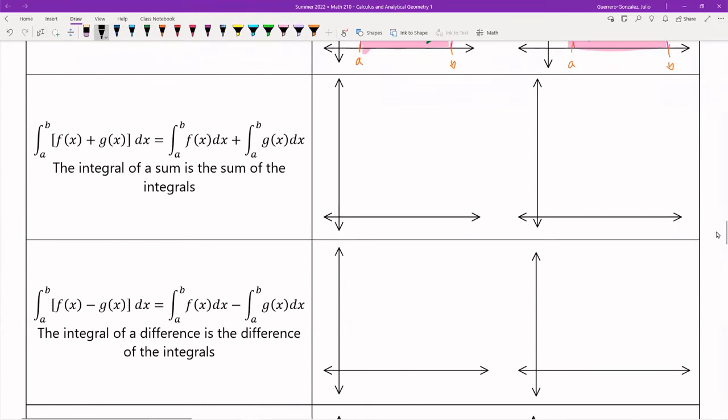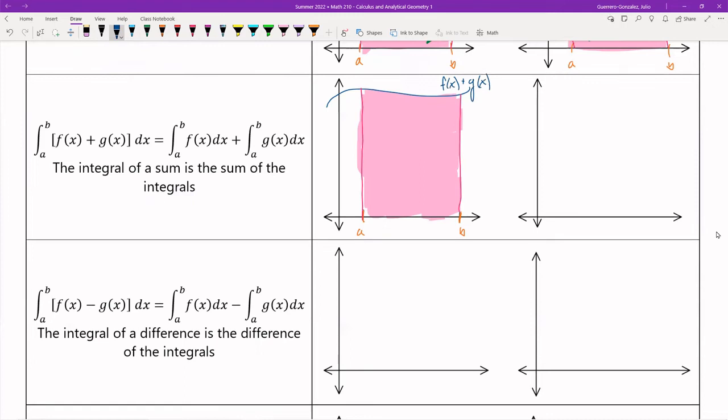Suppose you had a big function up here from a to b, and you wanted this whole entire area. So this right here is f of x plus g of x.